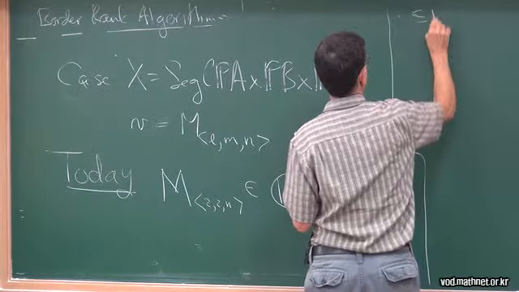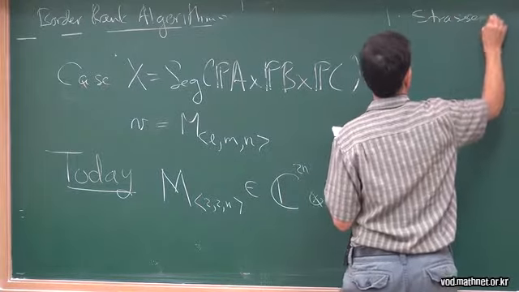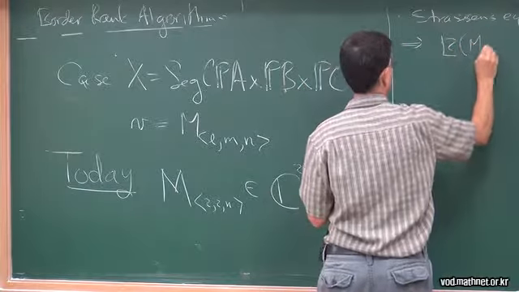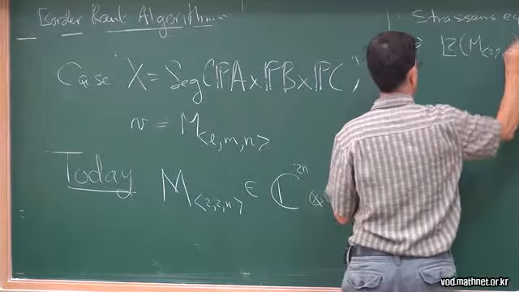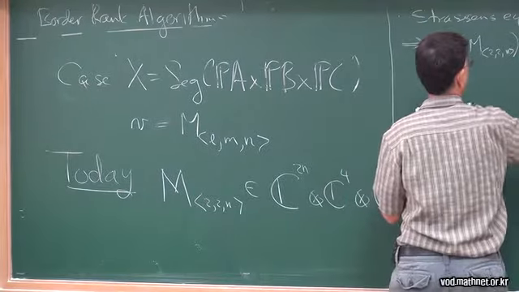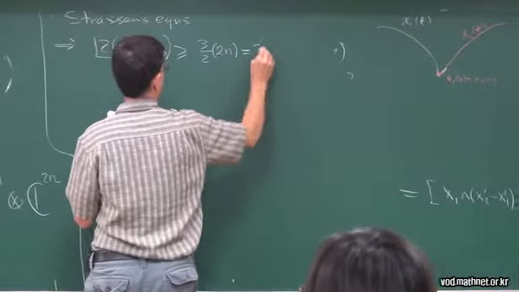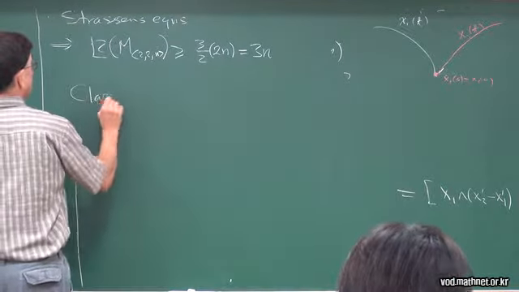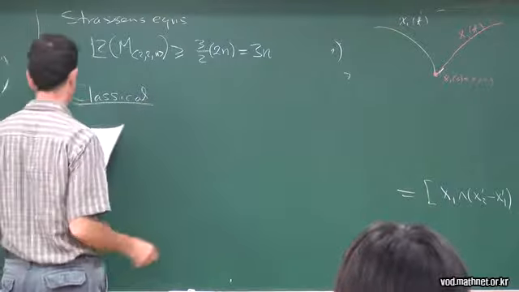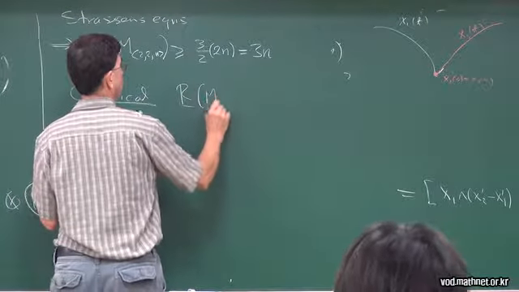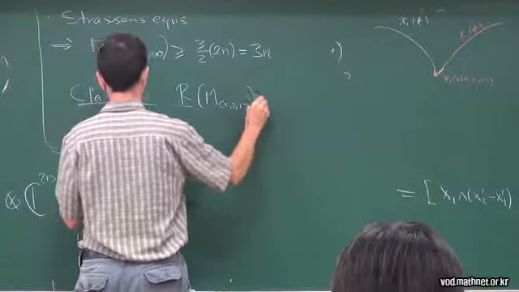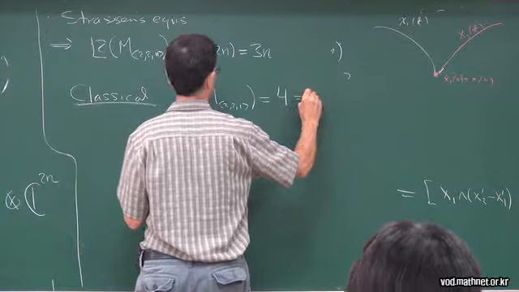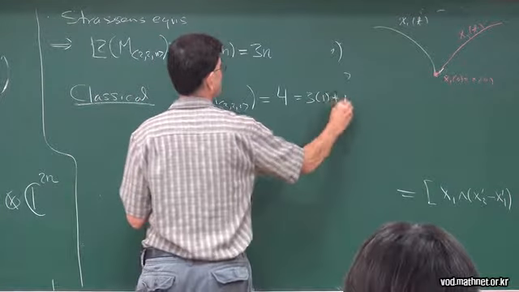So it's classical. Well, first of all, Strassen's equations imply that the border rank of M2 to N is at least 3/2 times 2n, which is to say 3n. It's classical, just by flattenings, that the border rank of M2 to 1 is equal to 4, which is 3 times 1 plus 1.